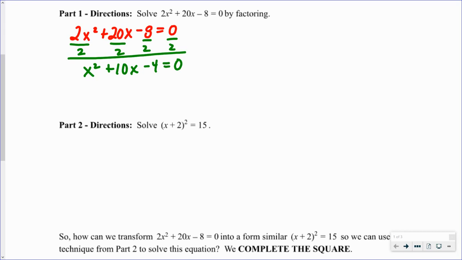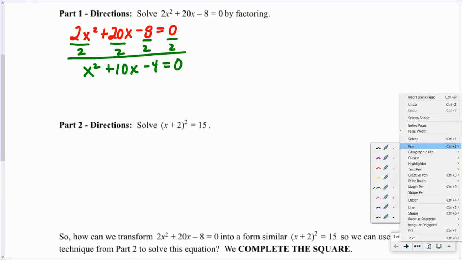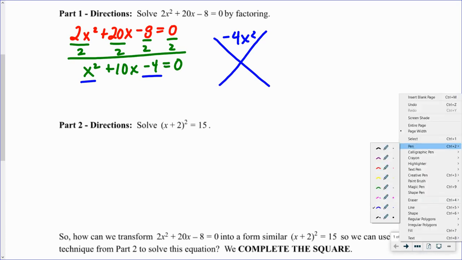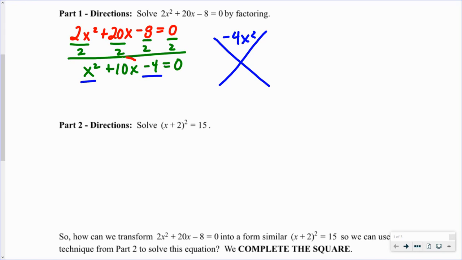So I'm going to use the Xbox area model method to try to factor this trinomial. I'm going to multiply the constant term, negative 4, times the quadratic term, and I'm going to get negative 4x squared. And I'm looking for factors of negative 4x squared that add up to positive 10x.